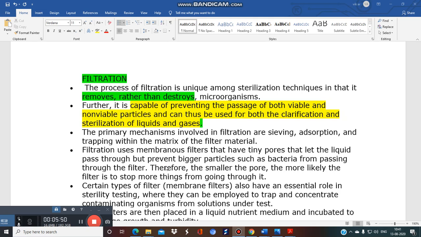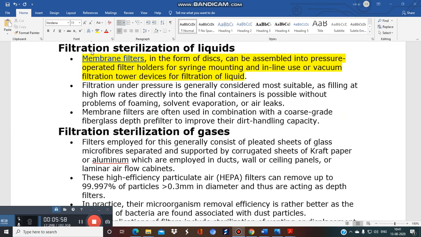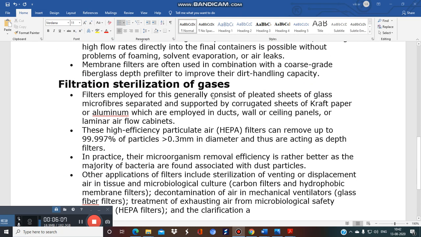So in that case, we use several types of filters to sterilize the air. Let's see again: for filtration or sterilization of liquids, membrane filters are used. And for sterilization of gases, which is most important, HEPA filters are used.